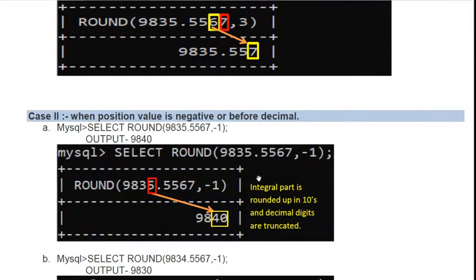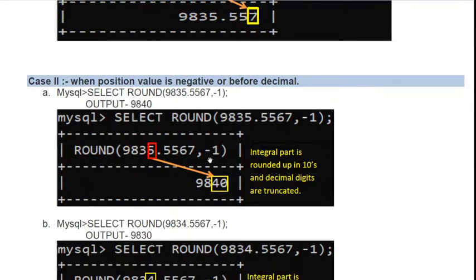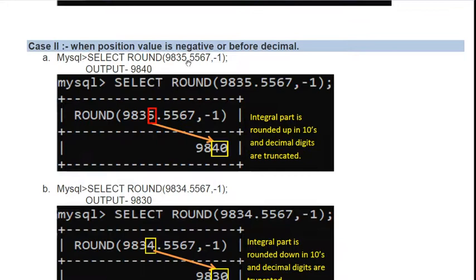Now the next case, when position value is negative or before decimal. First example, select round, this is minus 1. Okay, the data is 9835.5567 comma minus 1. Minus 1 means this 5 before decimal, this 5.